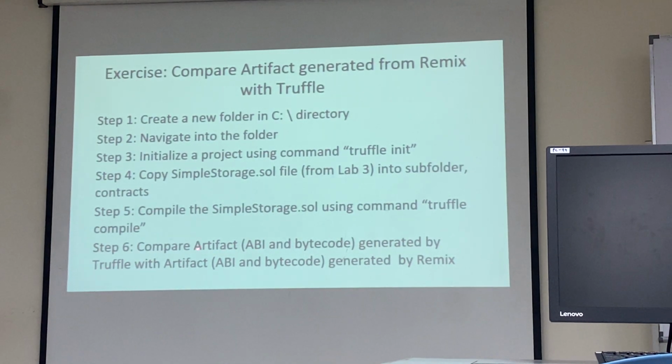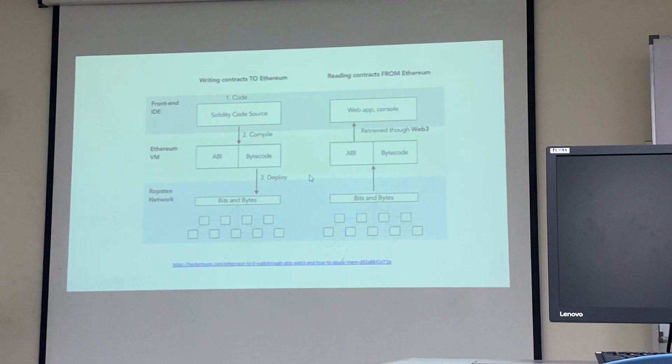Then you compare the artifact generated by truffle with the artifact generated by Remix. I also told you how the front end calls the back end, giving you the idea why the artifact, the JSON file, is so important as the interface from the front end, as just mentioned.